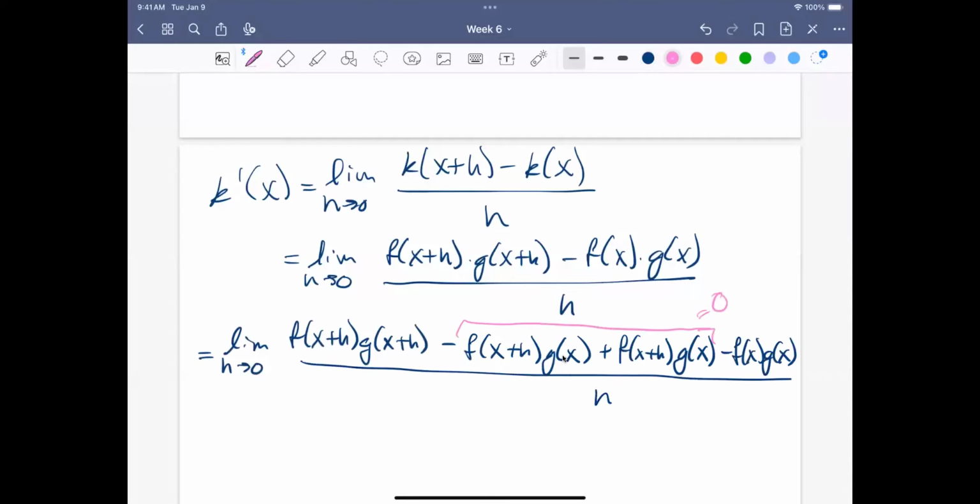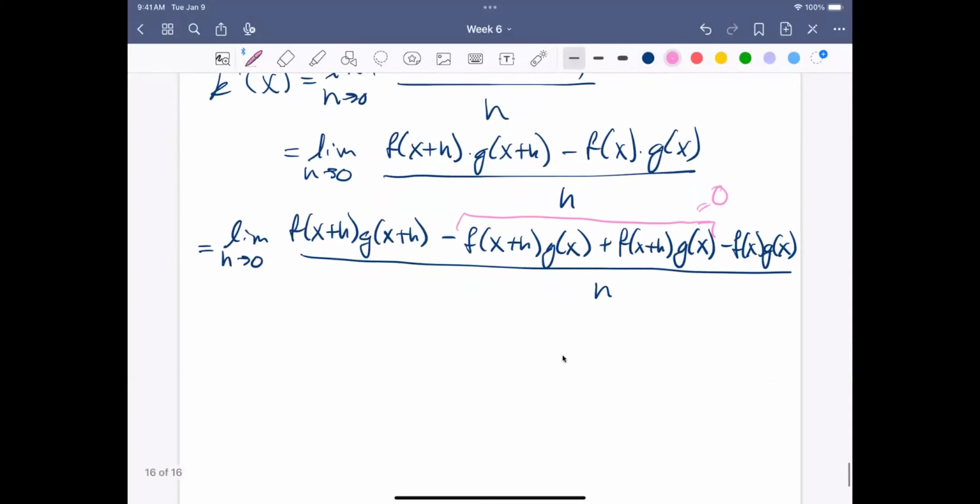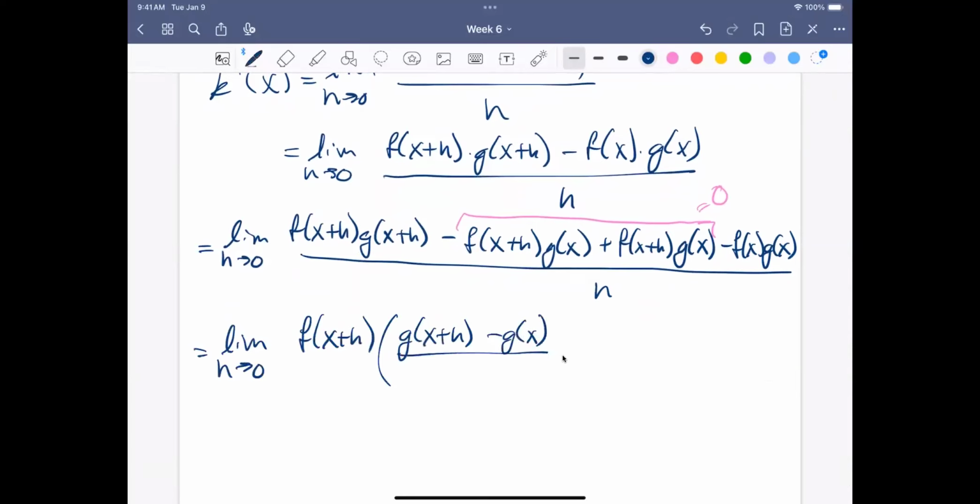The reason I did that is because if you look at the first two terms, I have an f of x plus h in both of those. So I'm going to factor that out. Oh, and I'm still on pink. Then what I'm left with is g of x plus h minus g of x, all over h.